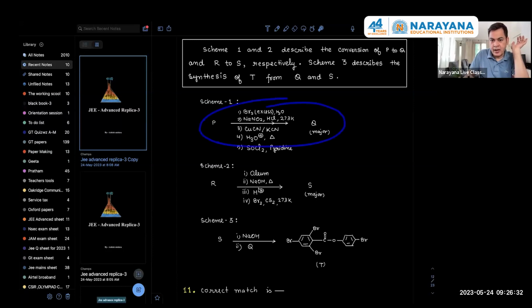Scheme 3 is this one. Scheme 3 describes the synthesis of compound T from Q and S. The Q and S we got from scheme 1 and scheme 2, when they react after the NaOH reaction, will give the product T.